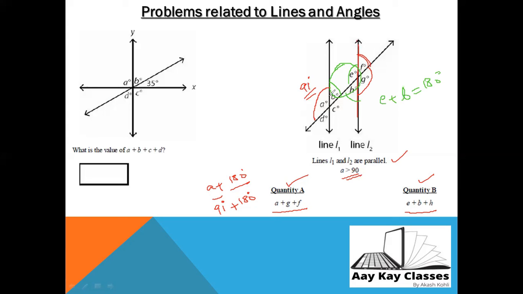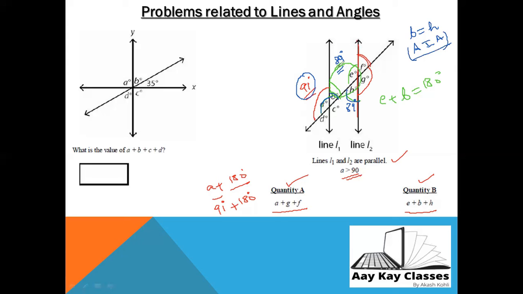And what is H? For example, if I apply linear pair here, A plus B, then if A is 91, that means this is 89 degrees. And if it is 89, that means this is also 89 degrees. Why? Alternate interior angles. So B is equal to H, alternate interior angles.